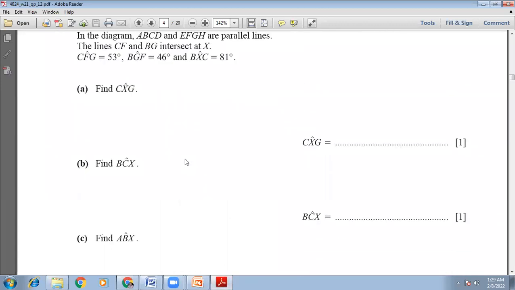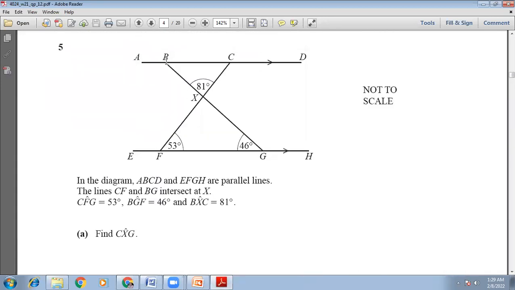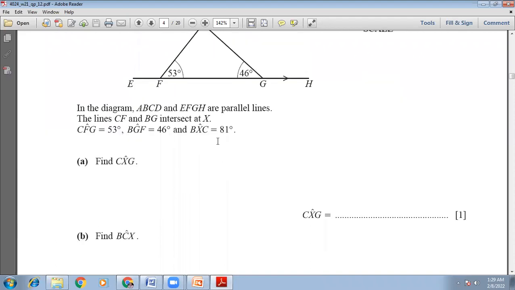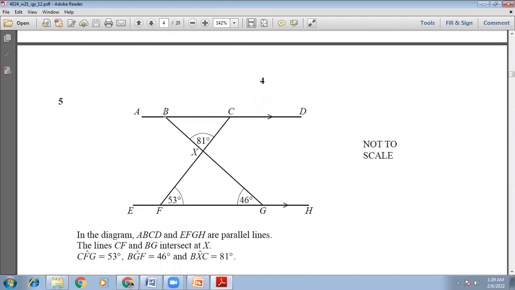Then their next question is BCX. So they are talking about this angle. This angle and this angle, they are alternate to each other, so they will be equal to each other. This angle, BCX, and this angle, 53, they are alternate to each other.